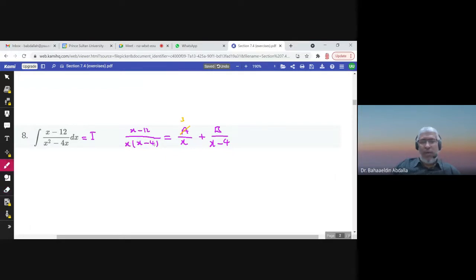Now I cancel x minus 4 to find b and replace x by 4. 4 minus 12 is negative 8 over 4. So that's negative 2. So b is negative 2.